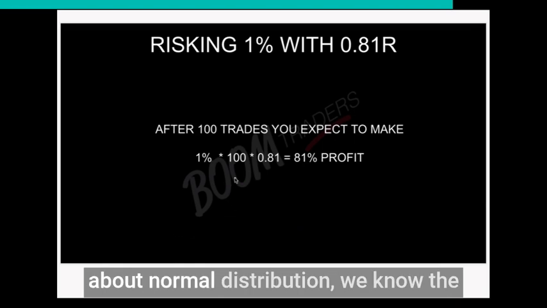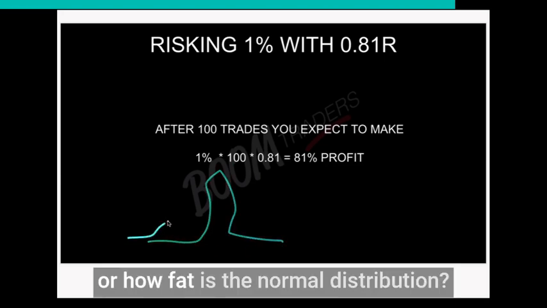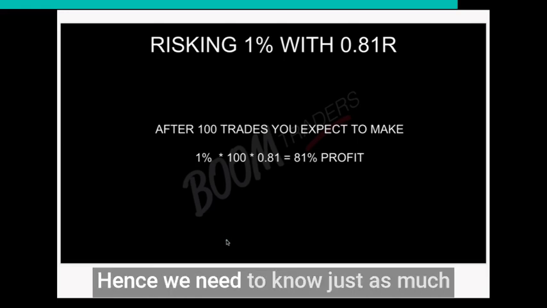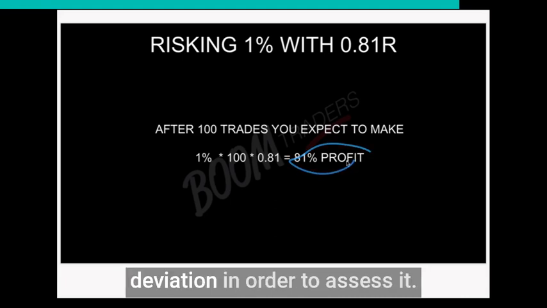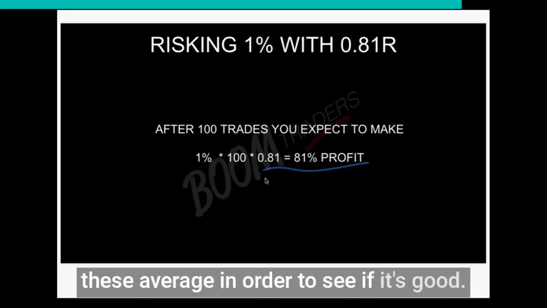If we talk about normal distribution, we know the middle line. But how big, how shallow, or how fat the normal distribution is, this is determined by the standard deviation. Hence, we need to know just as much the expectancy as the standard deviation in order to assess it, and how much the results deviate from this average in order to see if it's a good system.